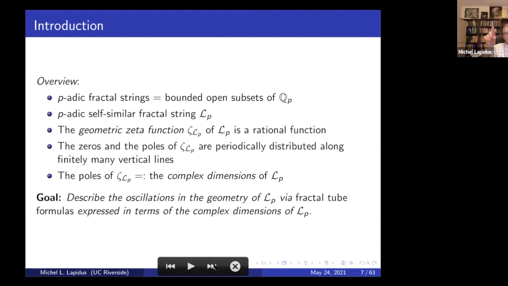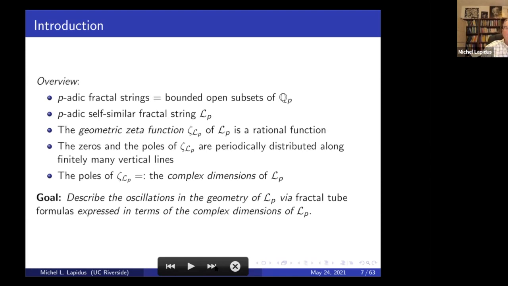So this curve is not fractal in the sense of Mandelbrot because its Hausdorff dimension is equal to its topological dimension. They're both equal to 1. But it turns out that it is fractal in the sense of complex dimensions because it has complex dimensions which are not real. In fact, it has infinitely many, which are the complex dimensions of the Cantor set, namely log 2 over log 3 plus 2inπ over log 3, where n is any positive, negative, or zero integer.